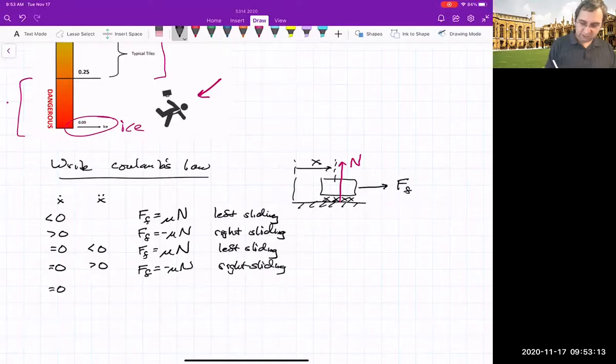And if both of these are just equal to 0, then the magnitude of the force of friction is just going to be less than the magnitude of mu times N.